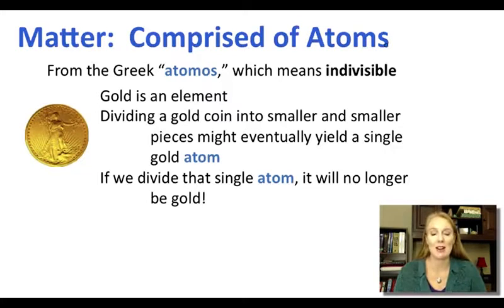Eventually, if you had a small enough axe, and we don't have one this small, but let's suppose that we do, just for the sake of argument, eventually you would have a single gold atom. If you divide that single atom, then the substance would no longer be gold. So the element gold has a single atom as the smallest unit that we can call gold, and if we divide that atom up, then we no longer have gold.